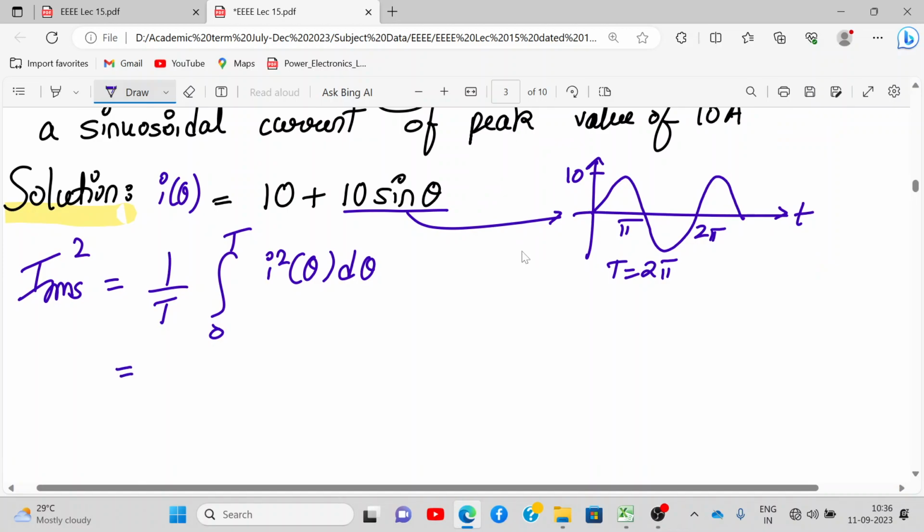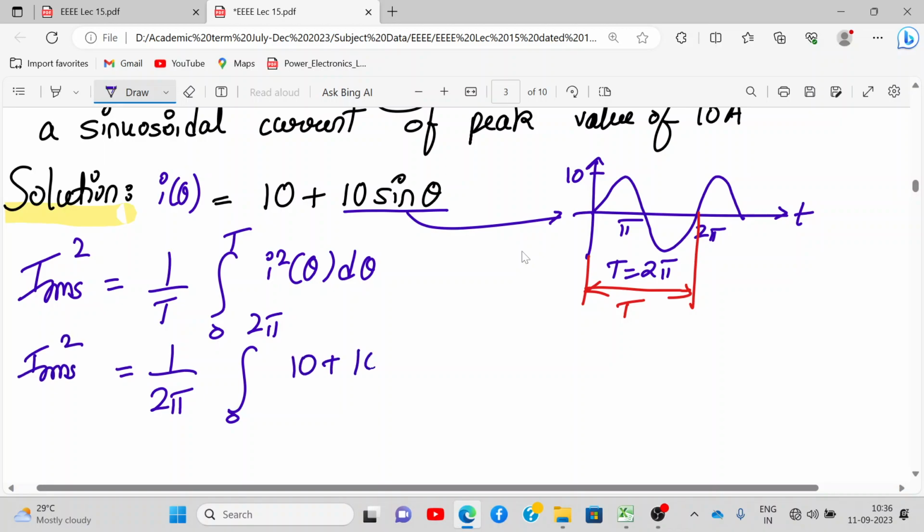So what is T? 2 pi, right? 0 to 2 pi, it's one period here. So this is T. So this will be integral 0 to 2 pi. What is I square theta? This is (10 plus 10 sine theta) the whole square.